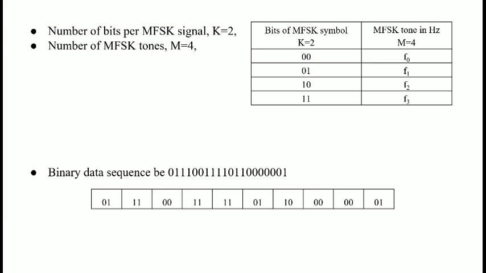The corresponding MFSK frequency or MFSK tone in hertz will be F0, F1, F2, F3. The binary data sequence given in the problem we need to group into 2 bits, as shown in the figure. So this table will be our grouping representation for the data sequence.